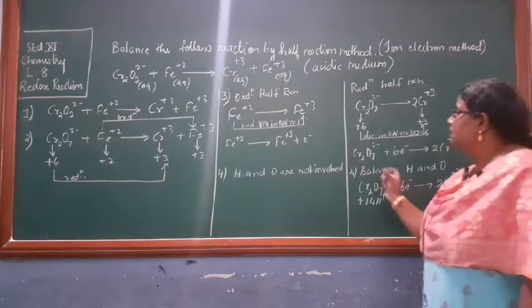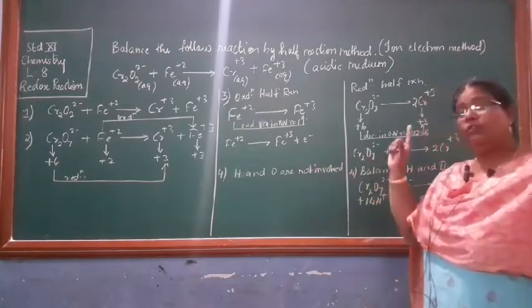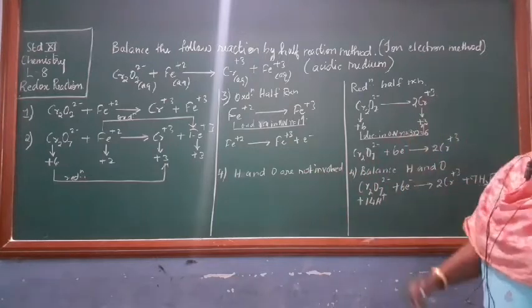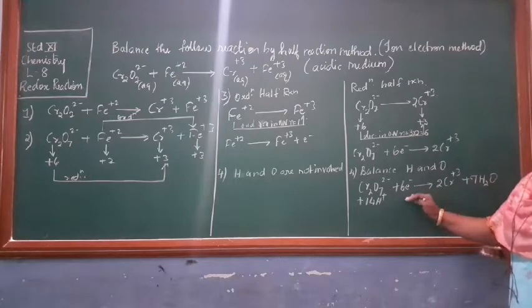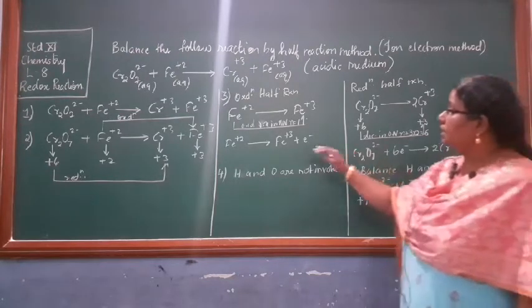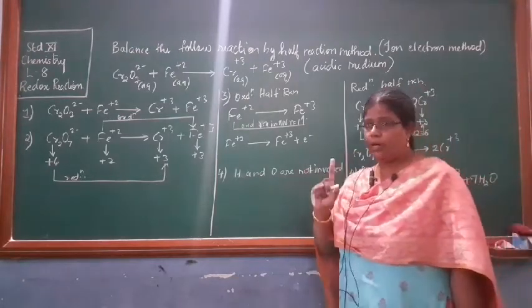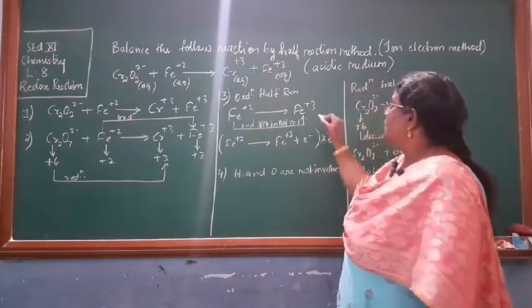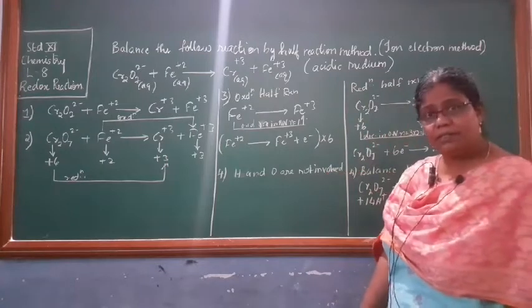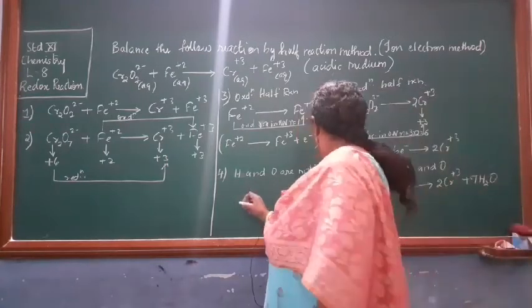is to make the number of electrons equal for oxidation and reduction half reactions. How many electrons do you see here? There are 6 electrons. Here how many electrons do you see? Only 1 electron. So to make them equal, I should multiply this oxidation half reaction by 6. So what do I have now?